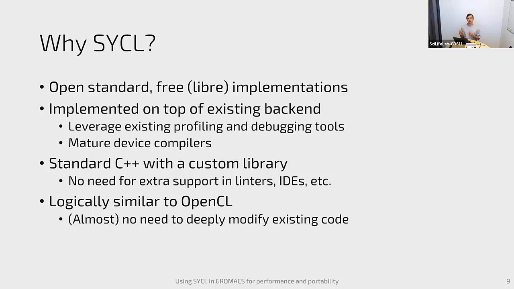GROMACS has 30 years of history and hopefully will stay around for quite a long time. So investing in some proprietary standard that can live or maybe can be abandoned is not great. Being an open standard kind of promises that probably it will stick around.